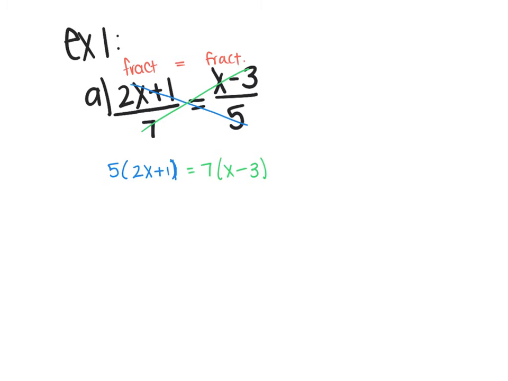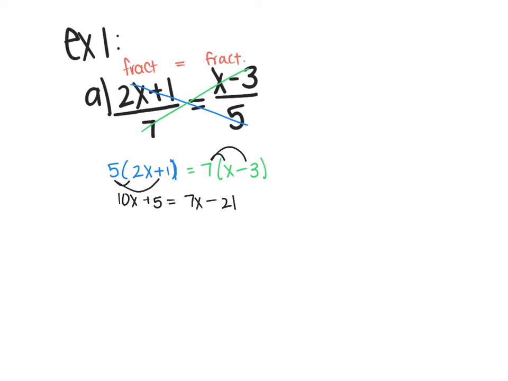So now we've got two things that need to be distributed. I'm going to distribute that 5 and have 10x plus 5, and I'm going to distribute the 7, have 7x minus 21.